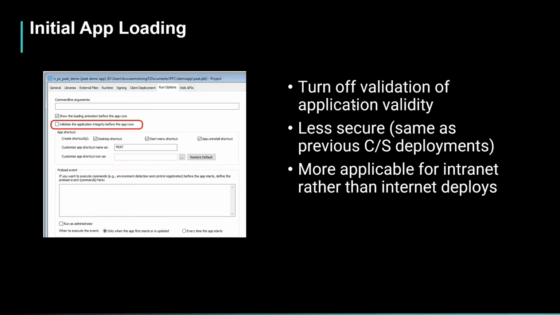If it's intranet, and you're less concerned that somebody has somehow got a hold of your server and is manipulating the files, sure, go ahead and turn that off. When it's turned off, it basically operates the same as your current client-server application, which also doesn't inspect the application integrity. So this was an additional security feature added in PowerServer. You can turn it off, and the app will load faster because it's not doing that checksum on the files.